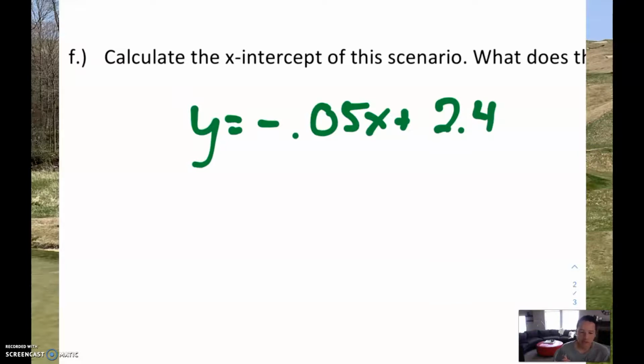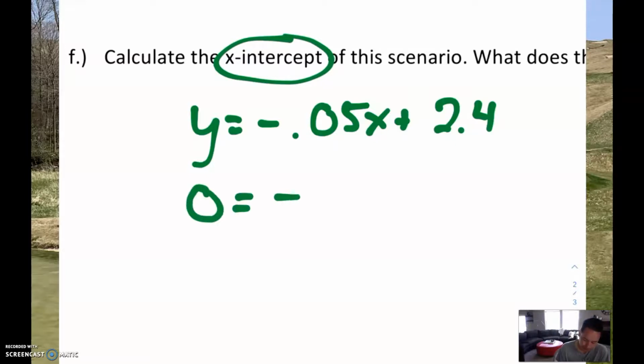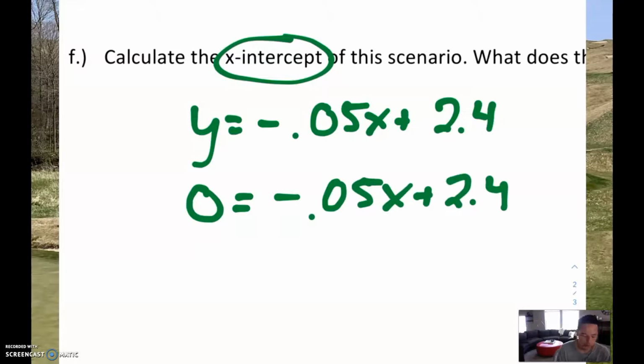Any x intercept is where the y coordinate is 0, so let's set that y to a 0. And then we have to solve for x. So let's get rid of that 2.4. We're going to subtract 2.4 from both sides.